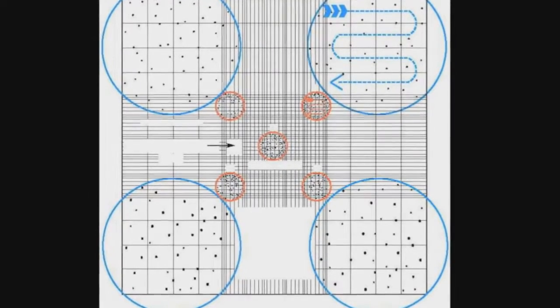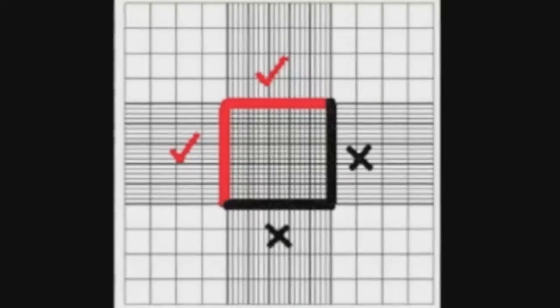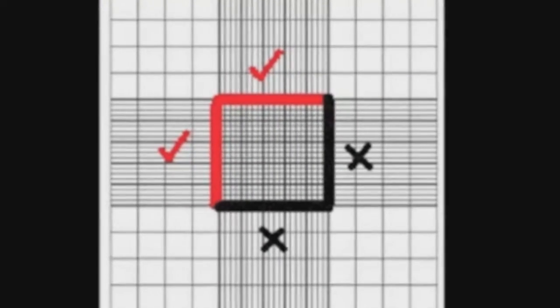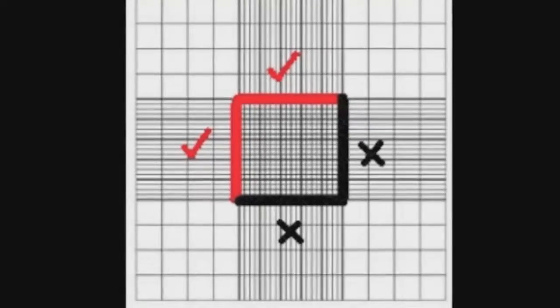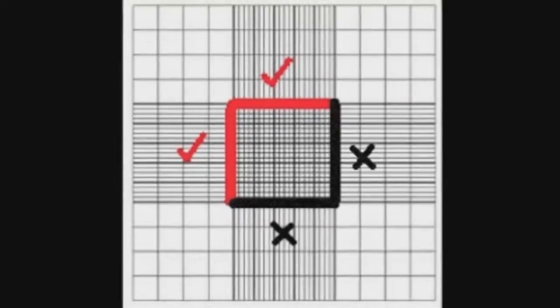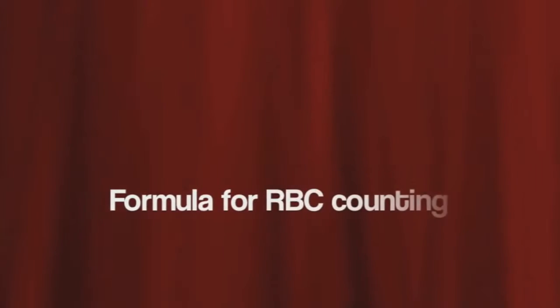The cells in the big squares are counted randomly. When the cells are located along the borders of the squares, only the top and left sides of the squares are considered. The right and bottom sides of the squares are rejected.